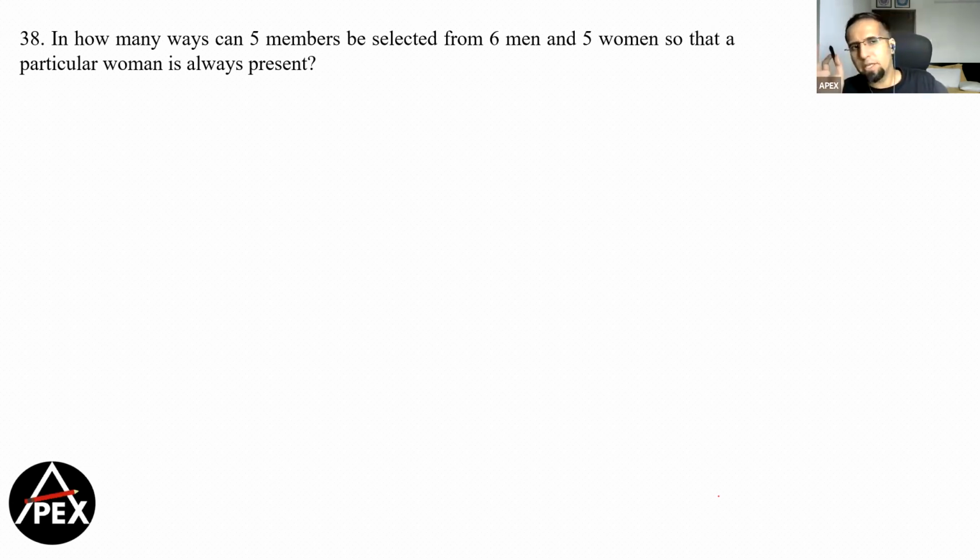Now remember here, this kind of question is, in how many ways can 5 members be selected from 6 men and 5 women, such that a particular woman is always present. Let's say I am identifying that person to be, let's say Shravya from the class. Now I know this is a particular person in the class.